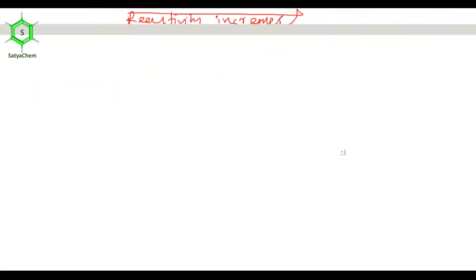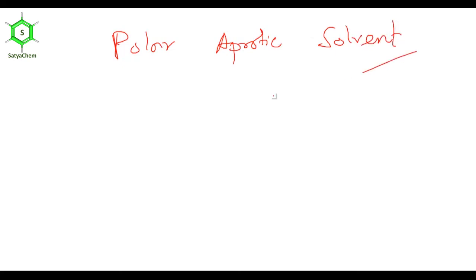But another type of solvent we have, that is polar aprotic solvent. What happens in case of polar aprotic solvent? Suppose it is dimethyl sulfoxide.